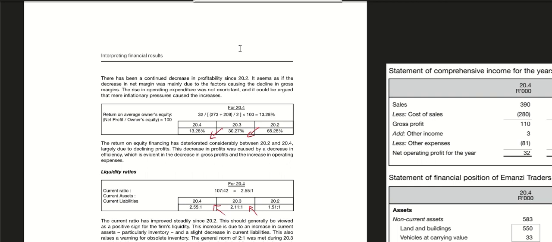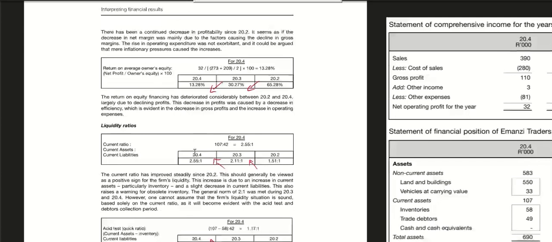We can see also a decrease there, and that's quite concerning. The decrease in gross profit, and also maybe the increase in operating expenses, is definitely impacting the return on average owner's equity.